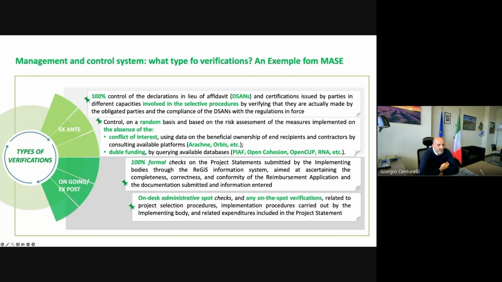And also we carry out the on-desk administrative verification, and in some cases, under the sampling method, the on-the-spot verification.